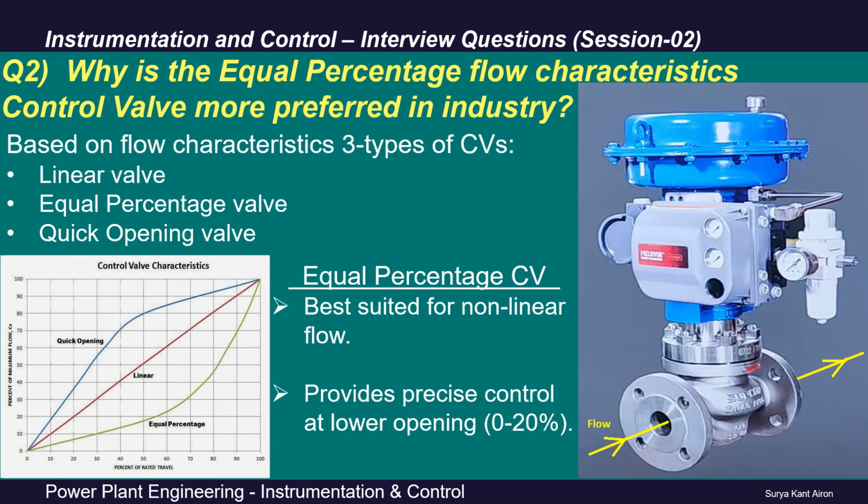Also, at lower opening positions, say 0 to 20% opening, an equal percentage control valve provides precise control. Means at low opening percentage, the flow percentage will also be low, that is less flow. And as the opening percentage increases, the flow percentage also increases equally. And at 100% opening, it will act at its full capacity. Thus, it is preferred.